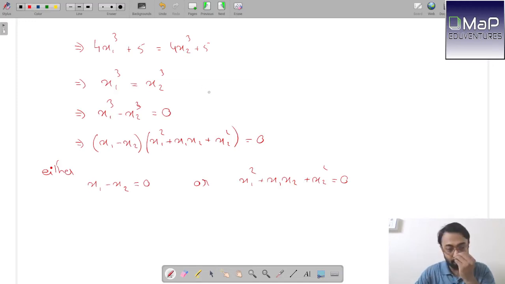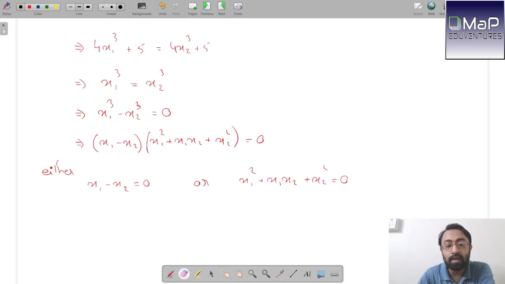I know that the function is 1-1, so I need this part and I don't need the other part. Since there is an 'or' here, if we can show that this part is not possible, an impossible case, then obviously by default you will get that result. So if we can contradict this part, then you will get this result. Let us try to contradict that part.